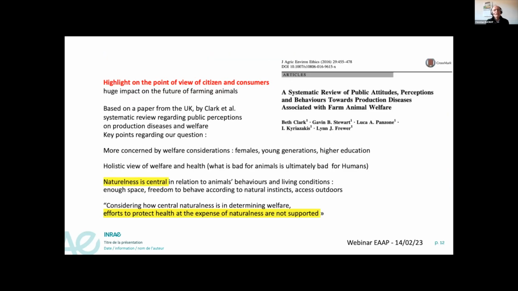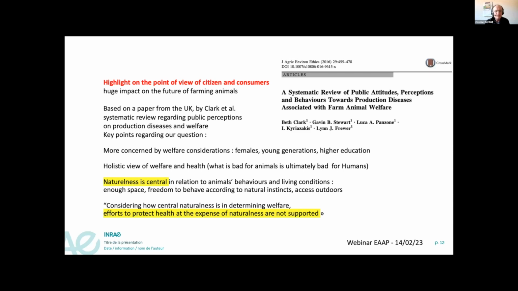Just to finish with these sociological aspects, I want to highlight the point of view of citizens and consumers, because they have a huge impact on the future of farming activities for animals. Here I would like to say a few words based on a paper from the UK by Clark and collaborators.